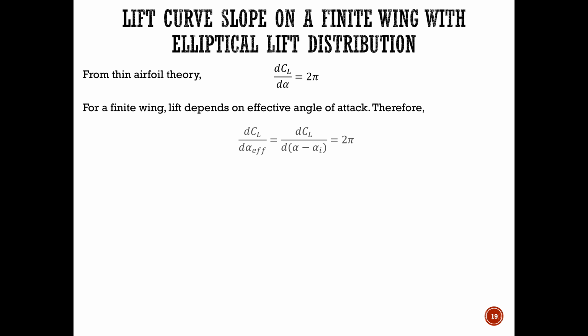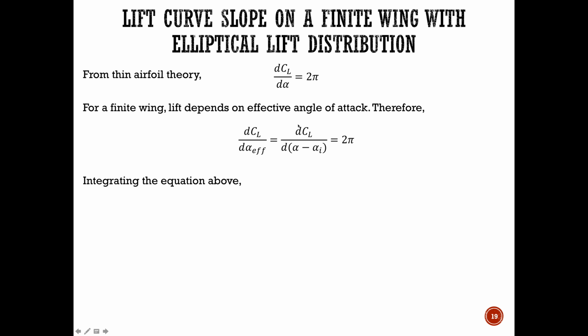So it's only right to say that dCl by d alpha effective, which can be written as alpha minus alpha_i, is equal to 2 pi. This is a relation between geometric, effective and induced angle of attack. We're specifically just substituting the geometric angle of attack into the effective angle of attack, and writing the effective angle of attack in terms of this.